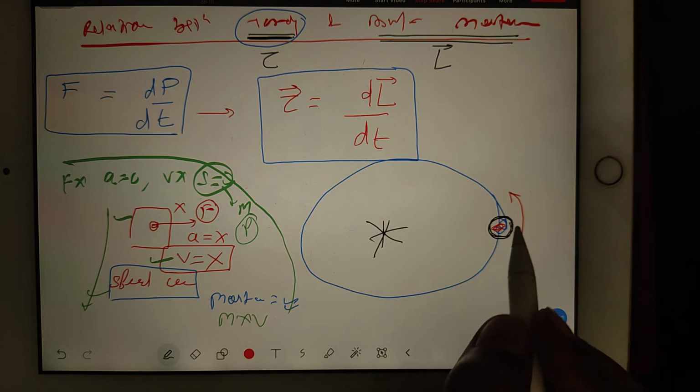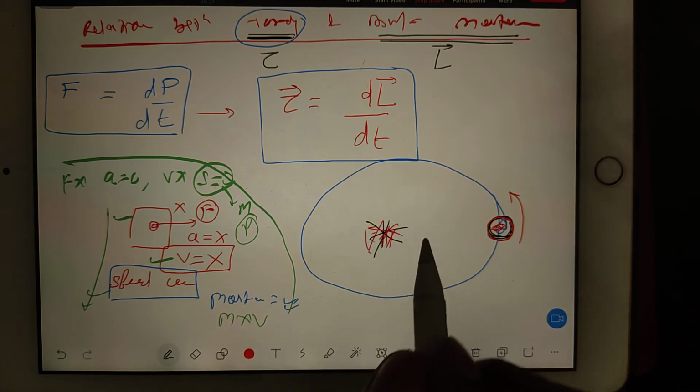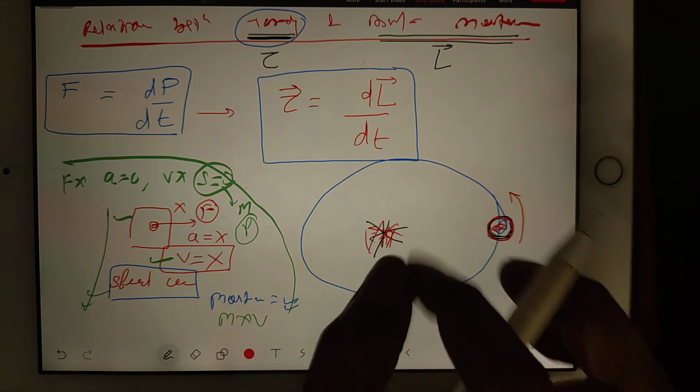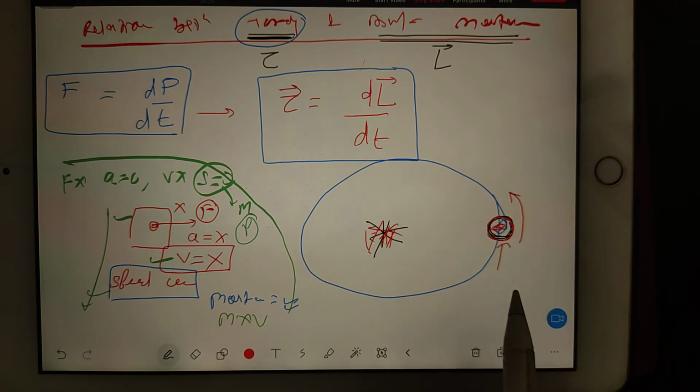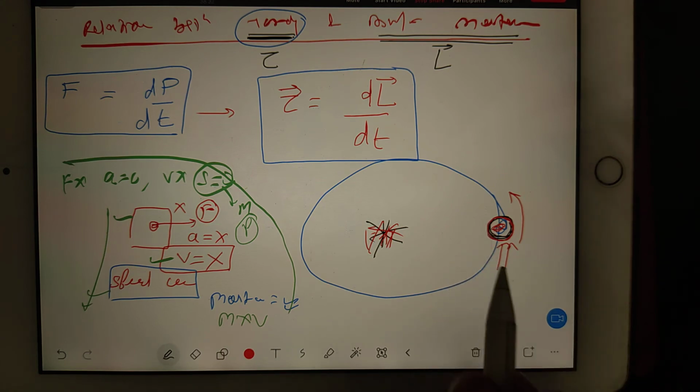But actually all the giant or small bodies revolving around the sun do so with constant, conserved angular momentum, because no one is going to push them further or give extra torque to them.